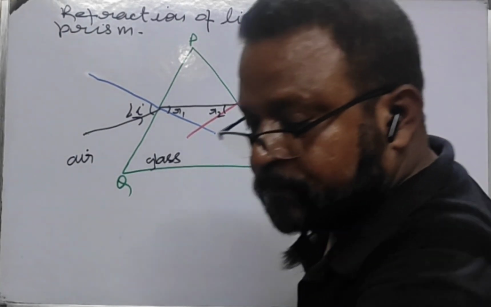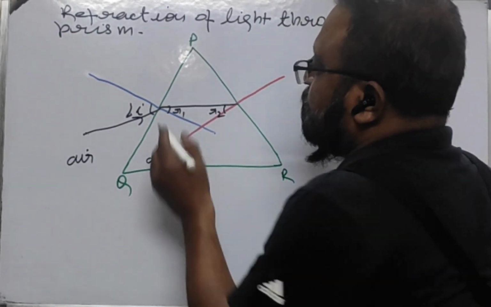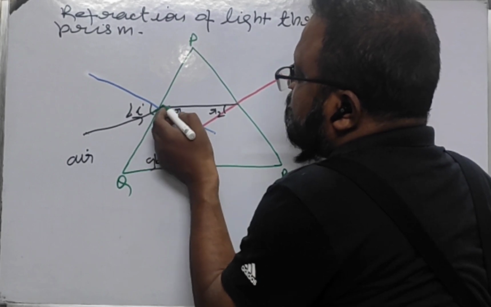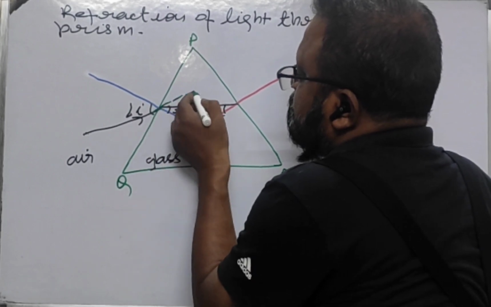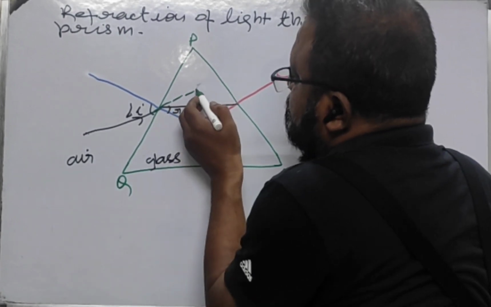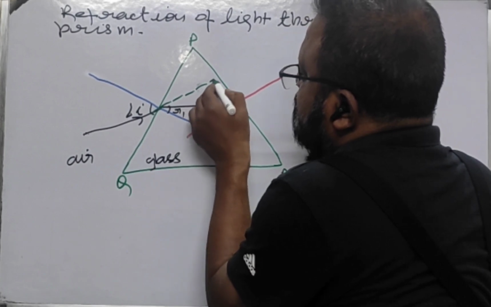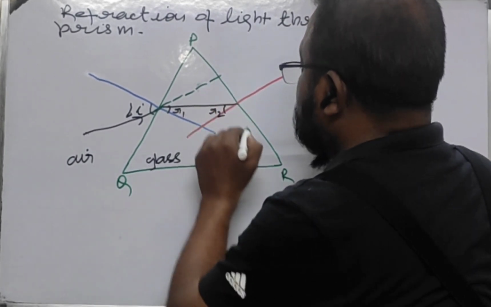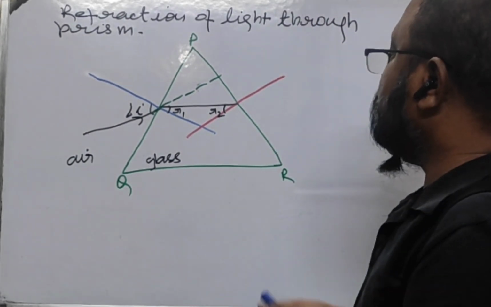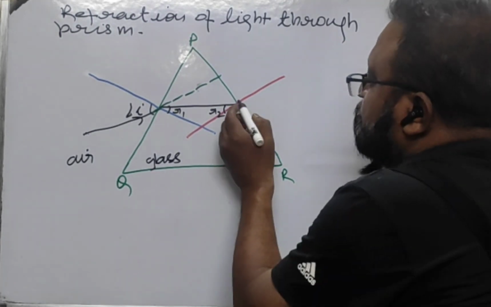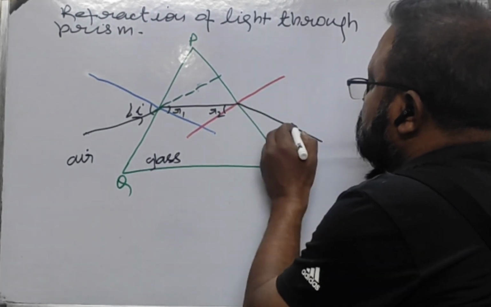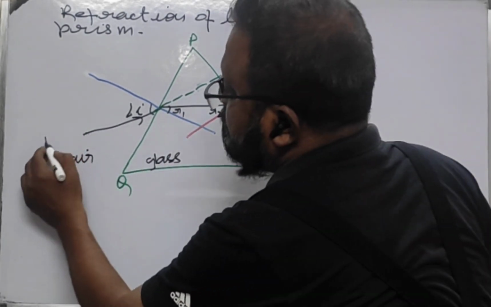And when you extend this incident ray, it extends like this. Now it gets emerged out. So this is the emergent ray. This is the incident ray.